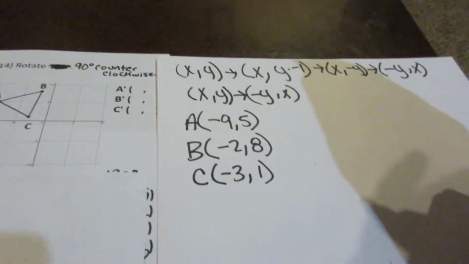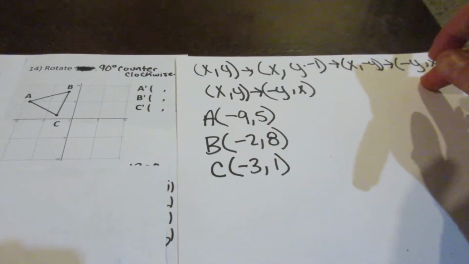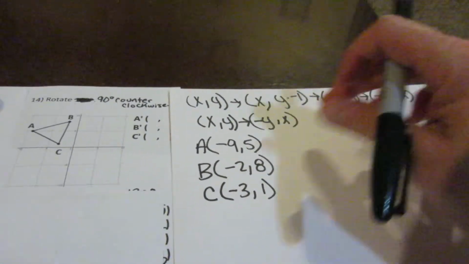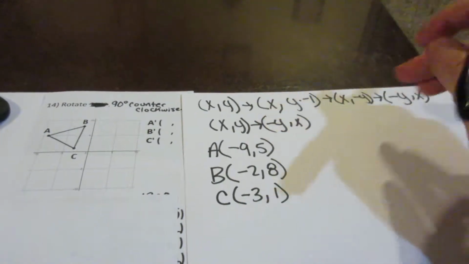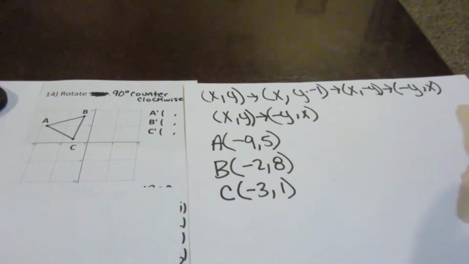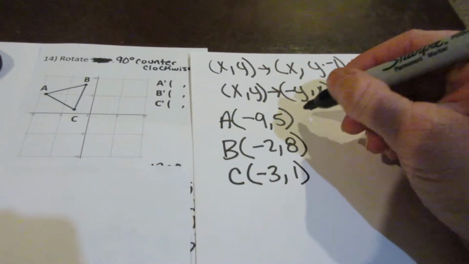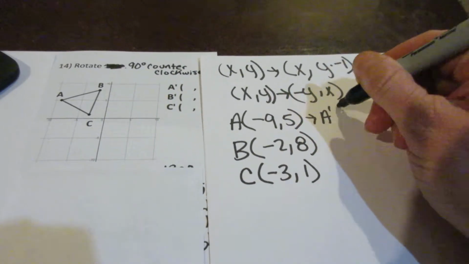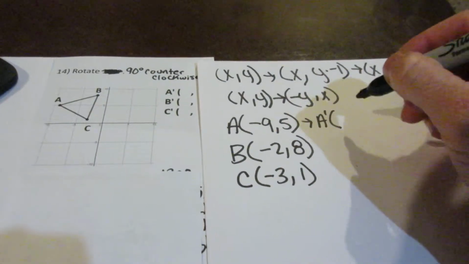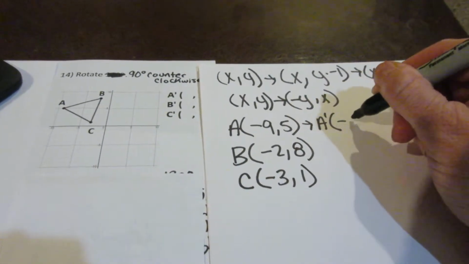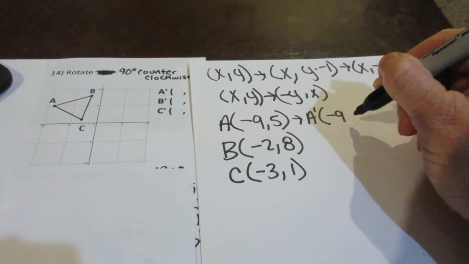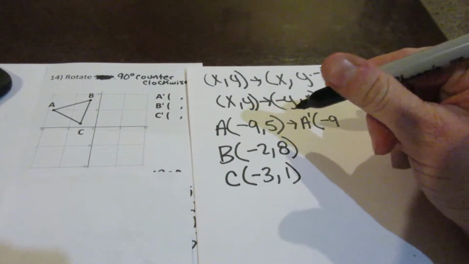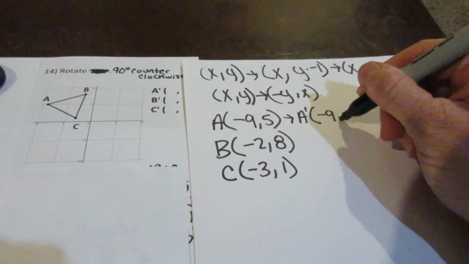Now we're going to go through and apply our rule. I'll do the longer method up top just in case anyone's using that one on point A, and then on points B and C I'll go ahead and just use our little shortcut down here. Okay, so for point A, as we turn it into A prime, our first step up here is to leave x as it is. We're going counterclockwise, so we're not going to change the x coordinate, we're going to change the y coordinate.